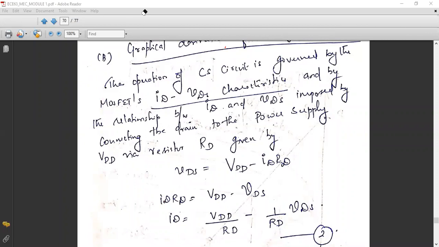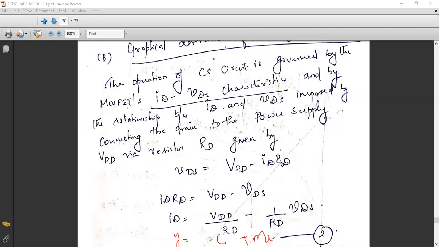VDD by RD. Very good. VDD by RD is the constant term that you can consider as C. Left hand side will be the variable Y because you are plotting it on the Y axis, right? So Y is equal to C plus mx. This is the straight line equation.